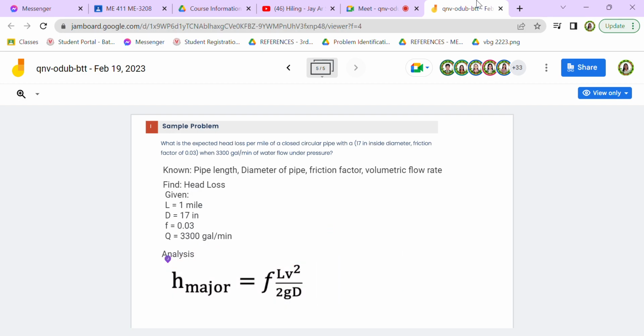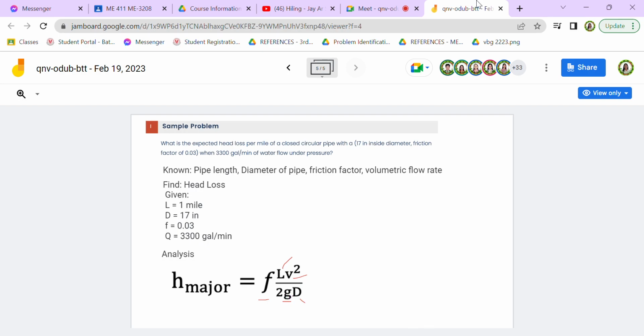So, given si friction factor, which is 0.03, given yung length ng pipe, yung velocity is hindi binigay, pero binigay naman si flow rate at binigay si diameter. So sabi ko nga, mako-compute natin ang velocity kapag binigay si diameter kasi compute lang natin ang area ng pipe, and ayun, makukuha na natin yung velocity nito. Acceleration due to gravity is constant and diameter ng pipe is given.